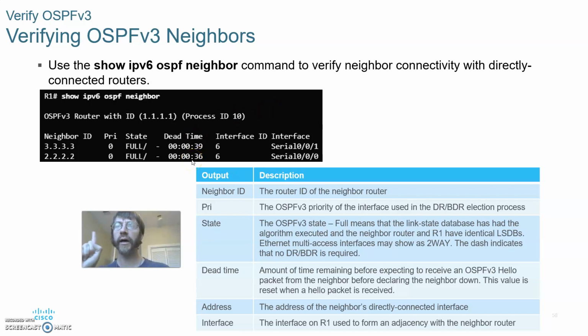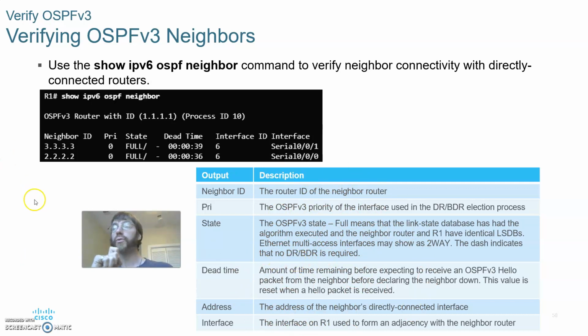That is how much longer this neighbor adjacency will stay alive if another hello packet does not come in. As every new hello packet comes in, it refreshes this so it never reaches 0. You'll see your interface ID and the interface that it is using. And we've got a very helpful table to explain all of these things.